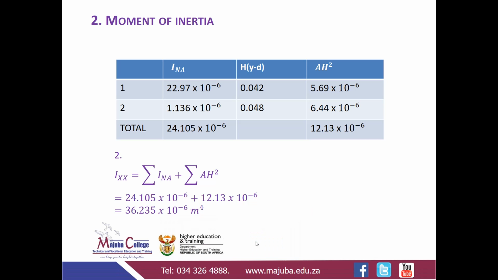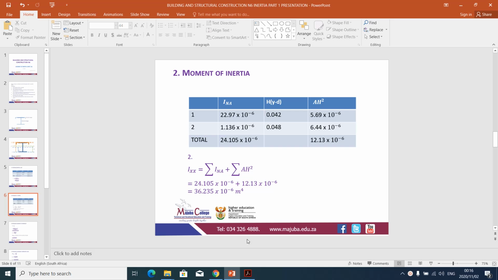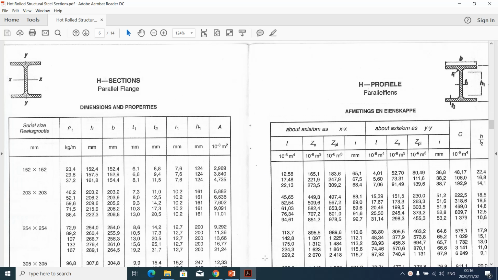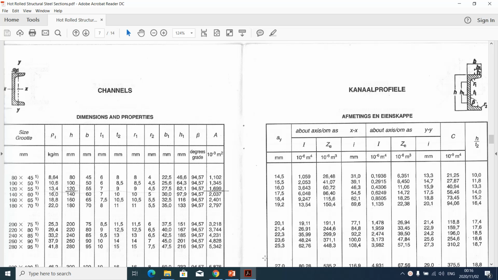So we can go back to our slide here, which is this one. So what do we have? 22.97. And then what about our channel? We will go to our steel table. Channel, remember, it is 180 by 70 by 22.